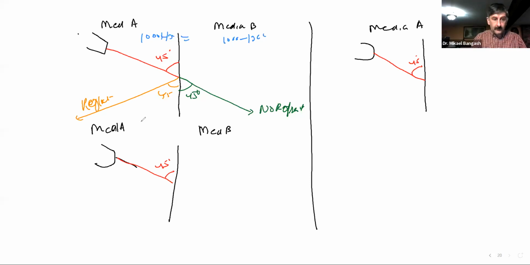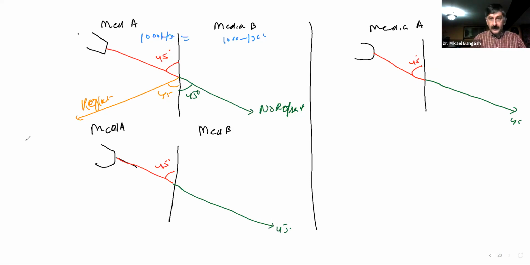Now, just to compare, because I want to kill a lot of birds with one stone, let's say these here mainly indicate that it's 45 degrees.